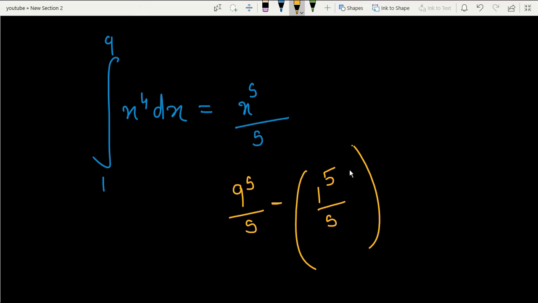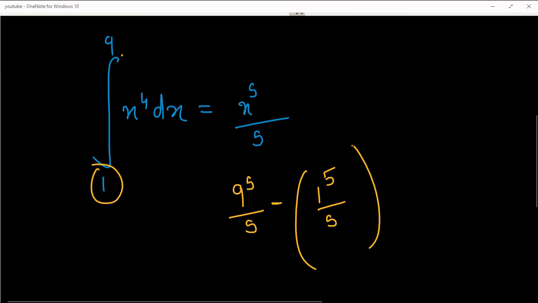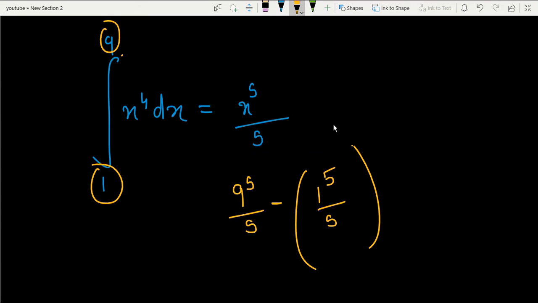And when there is something given above or below the line, you never put c. There is no c in it, because it's definite, we know the start and the end. So 9 raised to 5 minus 1 by 5, you get the answer. Simple.